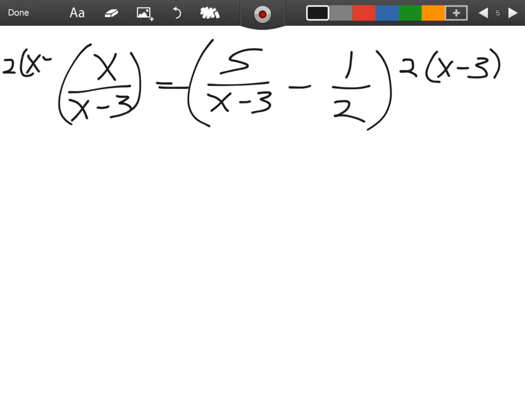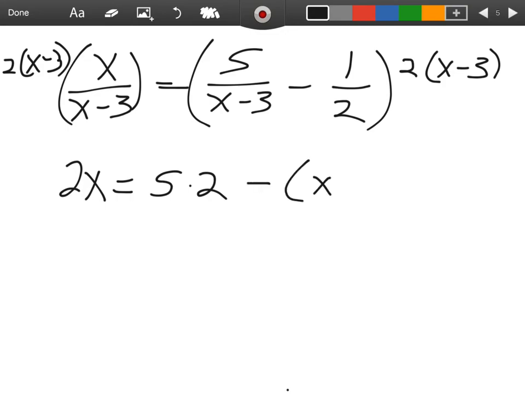On the left-hand side, the x minus 3's cancel, and I'm left with 2x. On the right-hand side, first term, the x minus 3's cancel, and I'm left with 5 times 2. In the second term, the 2's cancel, and I'm left with minus 1 times x minus 3, or just negative x minus 3.